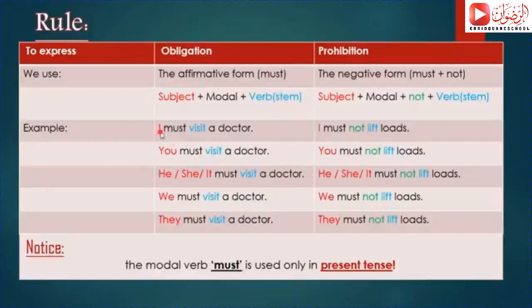Example: I must visit a doctor. I, subject; must, modal; visit is the verb or the stem of the verb to visit. So basically we have taken the verb to visit, we have omitted to and left visit. I must visit a doctor. You must visit a doctor.